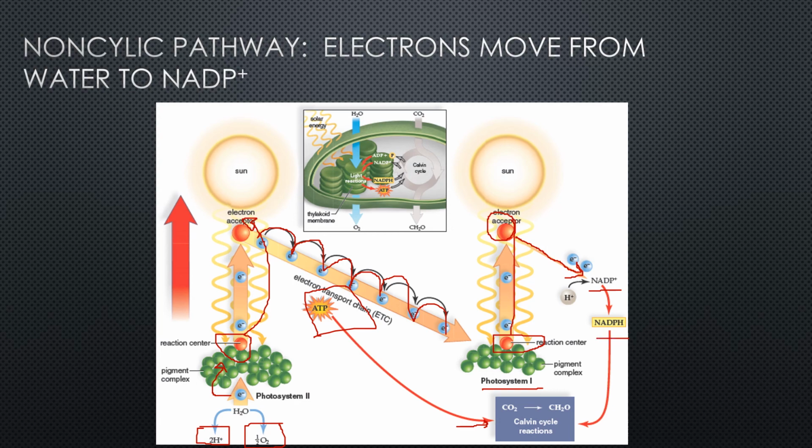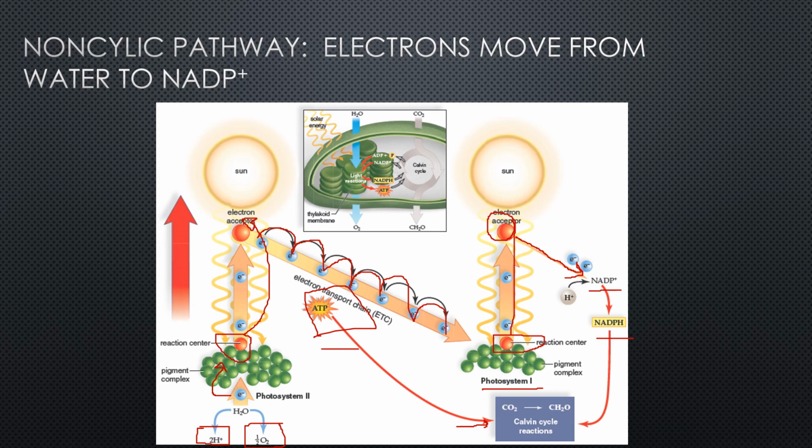Both NADPH and ATP are going to be required in our next series of reactions, the Calvin cycle. And the Calvin cycle is where we start to produce those carbohydrates. But they're not required in equal amounts. In fact, the Calvin cycle requires more ATP than NADPH.